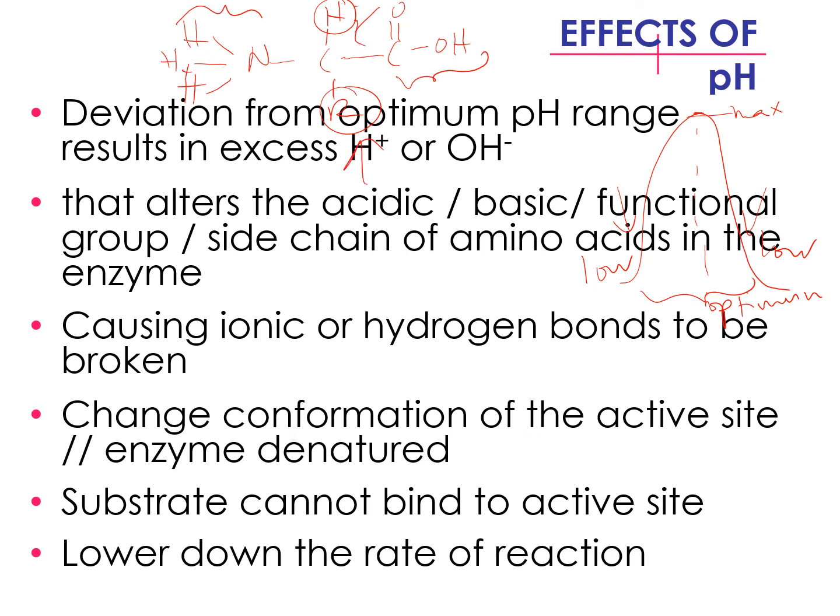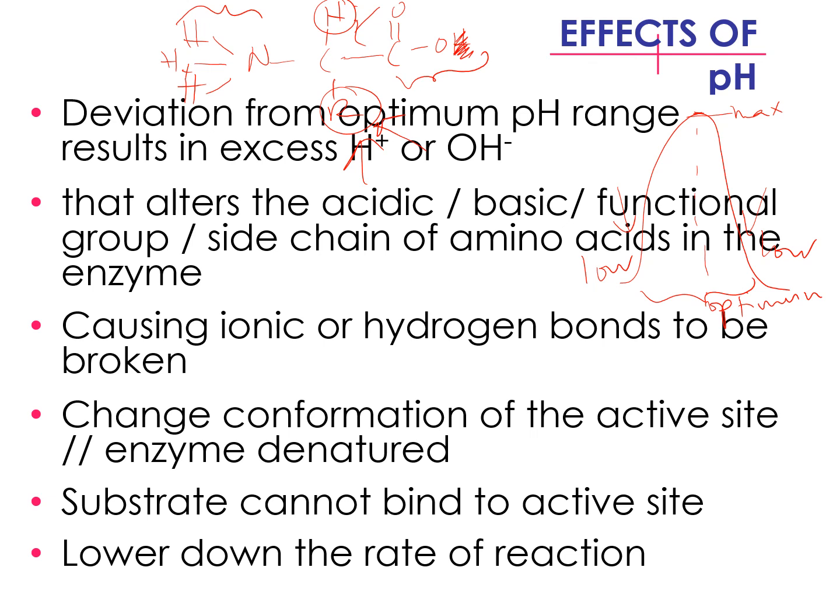Okay. Now, while a basic condition has hydroxyl ions, excessive OH minus makes the amino acid remove its hydrogen from the carboxyl group or affect the side chain. Okay. So, causing ionic or hydrogen bonds to be broken, thus changing the conformation of the active site.